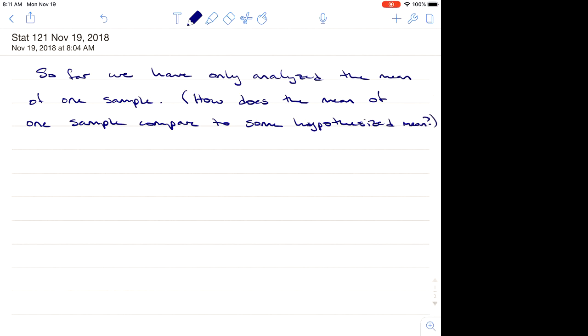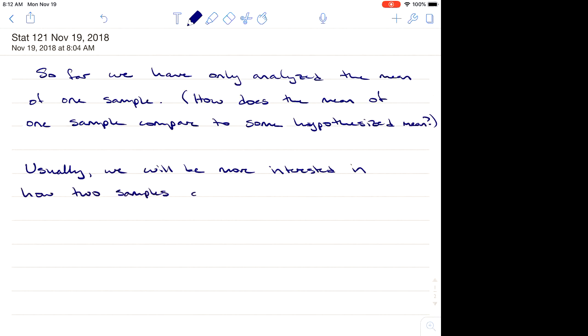Right, that's what we have been doing. Usually we'll be more interested in how two samples are related. Right? So usually we will be more interested in how two samples are related.